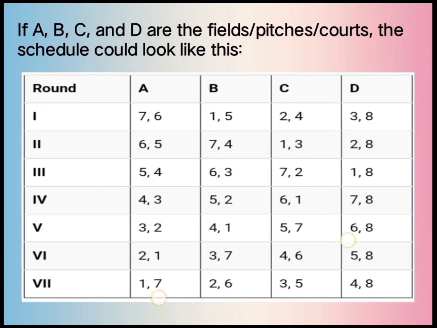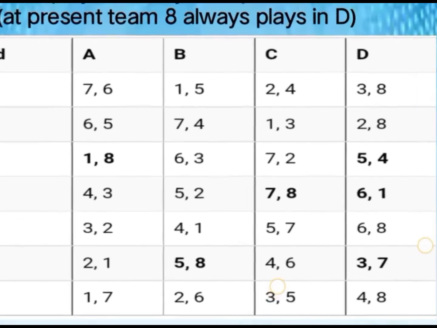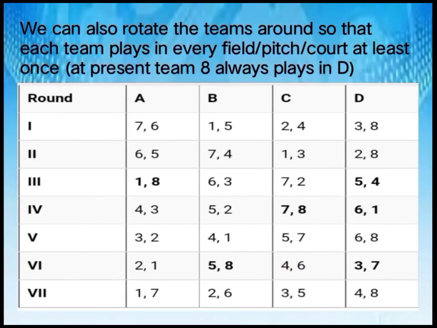So look at the picture. We can also rotate the teams around so that each team plays in every field, pitch, or court at least once. At present, Team 8 always plays in D. So 8 always plays in D. So look at the picture again.